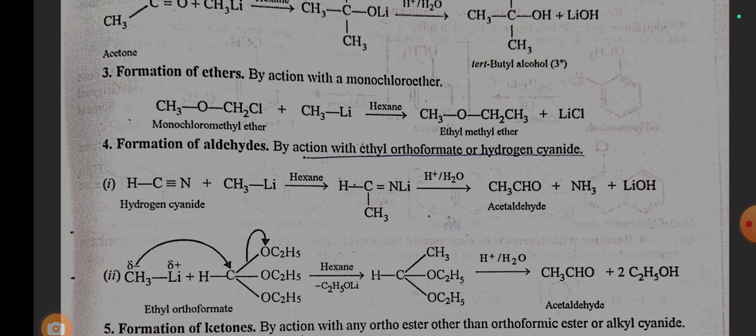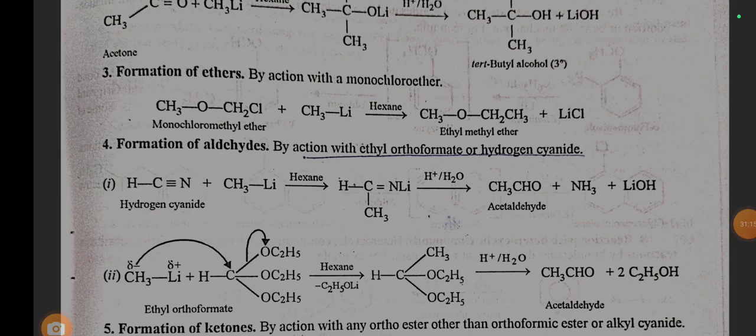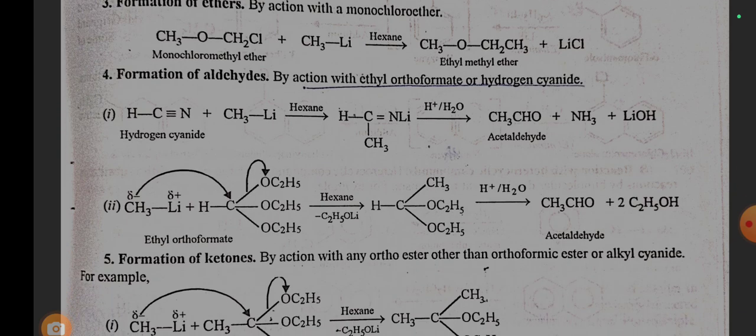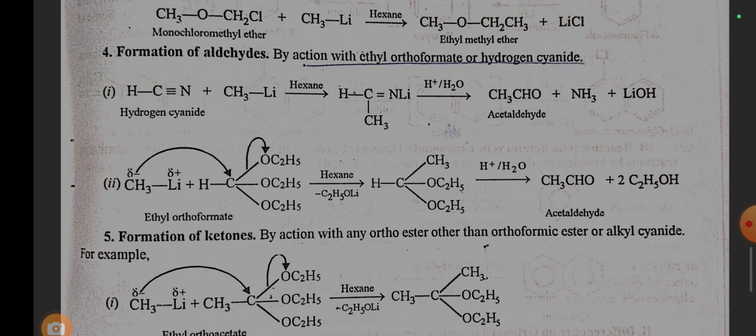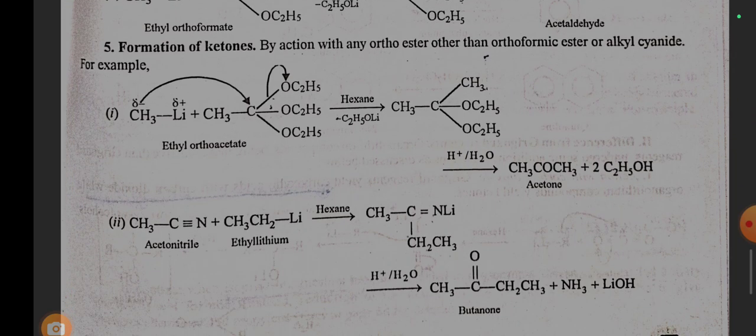3. Formation of ethers. By action with a monochloro ether, CH3OCH2Cl, that is monochloromethyl ether, plus CH3Li in hexane gives ethyl methyl ether plus LiCl. 4. Formation of aldehydes. By action with ethyl orthoformate or hydrogen cyanide, CH3Li on reaction in hexane gives an intermediate, which on hydrolysis gives acetaldehyde plus NH3 plus LiOH. 5.